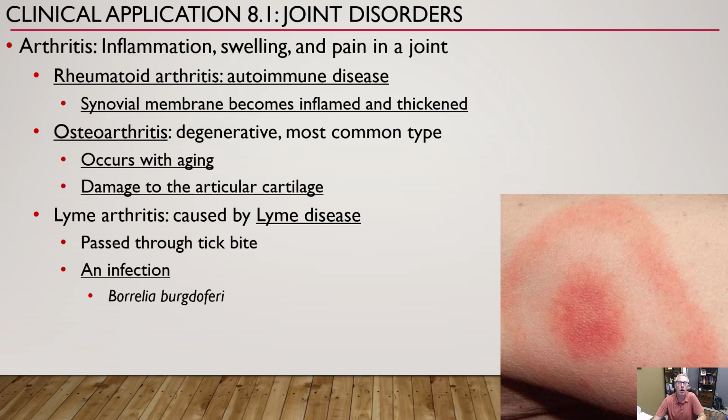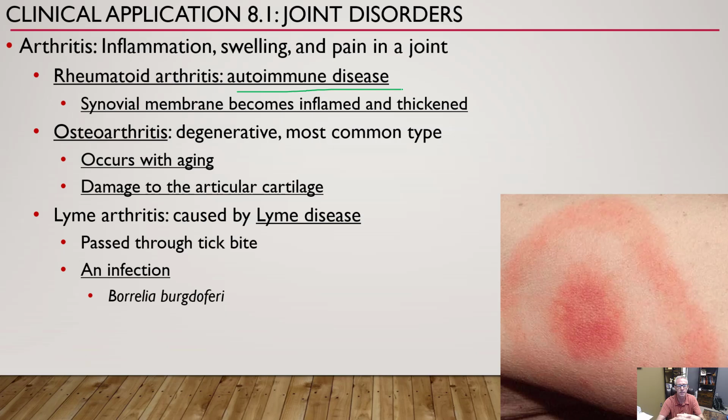All right, so arthritis is, remember, itis means inflammation of. So arthritis is where you have inflammation, swelling, and pain within a joint. We have different types of arthritis. Rheumatoid arthritis is actually an autoimmune disease. Autoimmune just means the body is attacking itself.